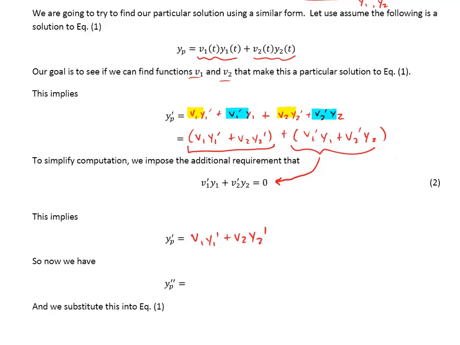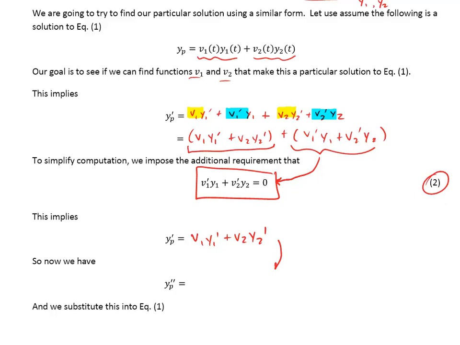If I didn't have this, I've got these extra terms in here. So I'm going to add a constraint on my v1 and my v2 so that this statement right here has to be true. Okay, so I've already labeled this as equation 2, and that's important. So I'm going to come back and do that.